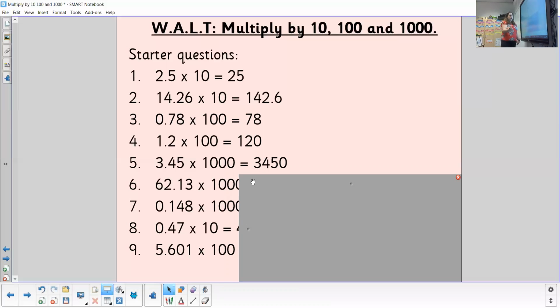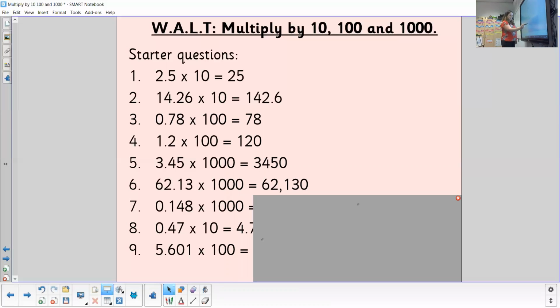Okay, 62.13 times 1,000 again is 62,130. This one, I've got 0.148 again times 1,000, so it's 3 places. So remember from last time, you don't want the 0 on the front, it would just be 148.